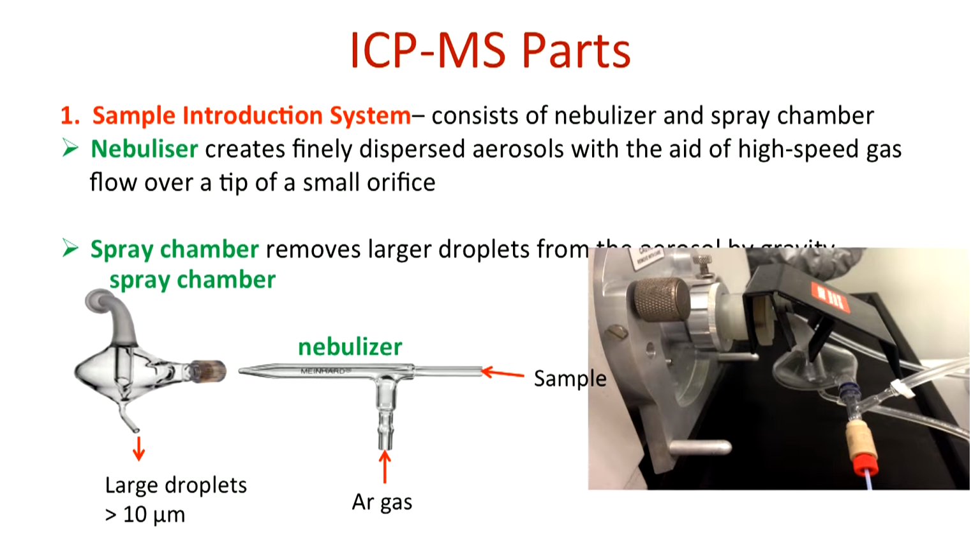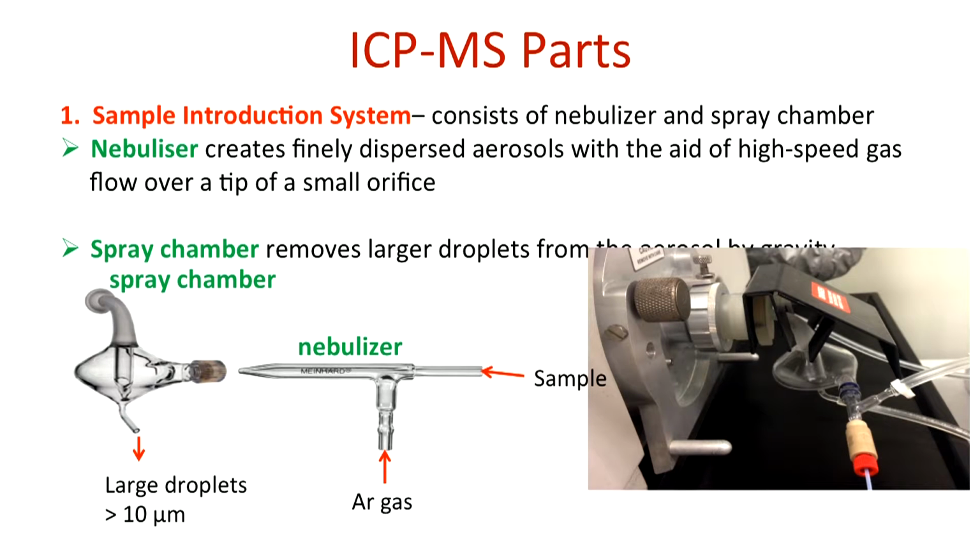So let's go briefly to the different parts of the ICPMS, since from all the instruments, this is one of the most complex ones. As previously mentioned, the sample introduction system has a nebulizer and a spray chamber, wherein the nebulizer creates a very fine mist of aerosols with the help of a high-speed gas that flows over the tip of the nebulizer.